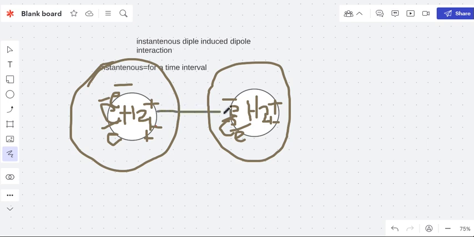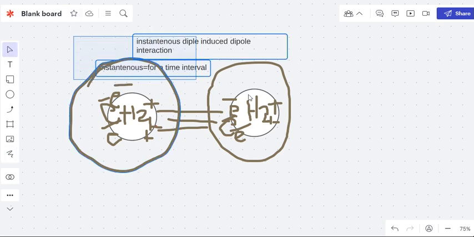This happens only for a very short interval of time, and this interaction is the weakest among all the Van der Waals forces. The instantaneous dipole induced dipole, dispersion or London forces, is the weakest.